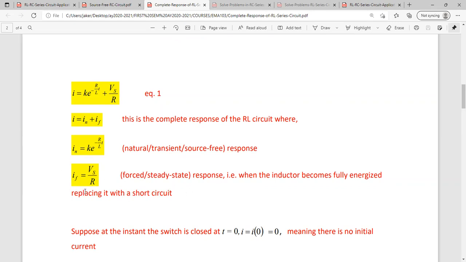In number 3, you have two terms on the right side of your current formula: the one mentioned by your classmate a while ago, the transient term and the steady state term. The steady state or the forced response, and the natural or transient source-free response. This is your complete response for your complete RL circuit.